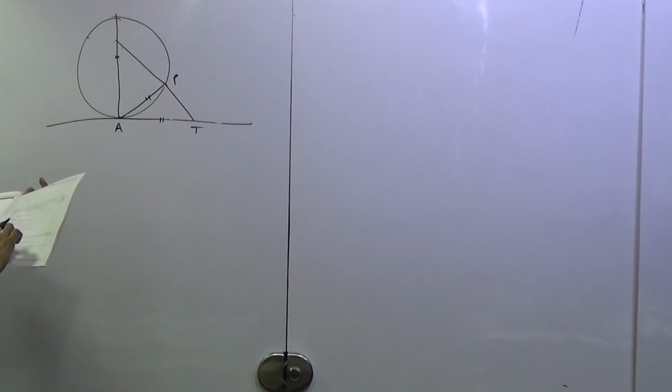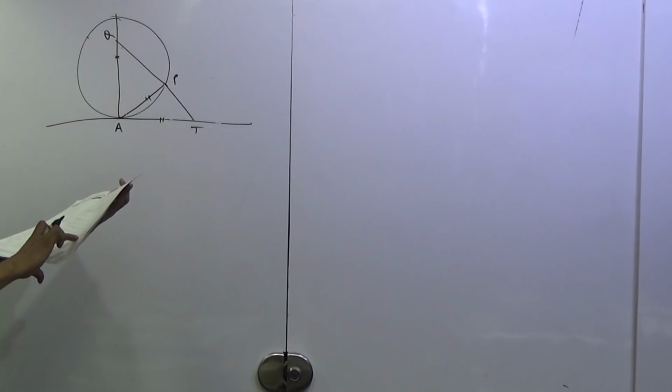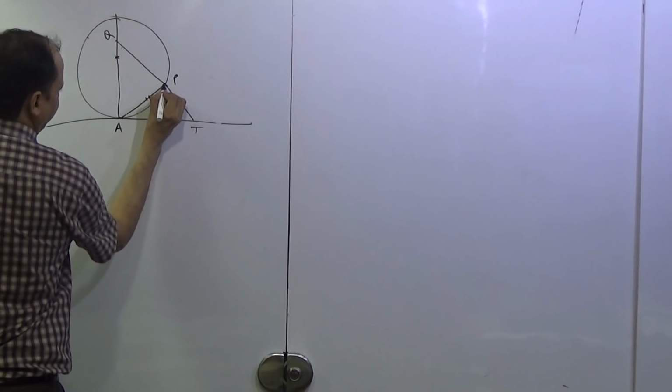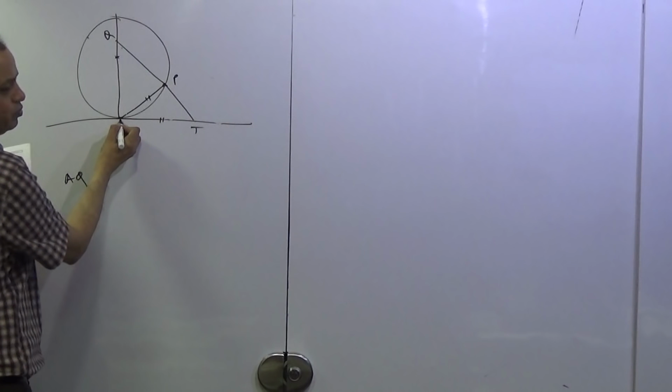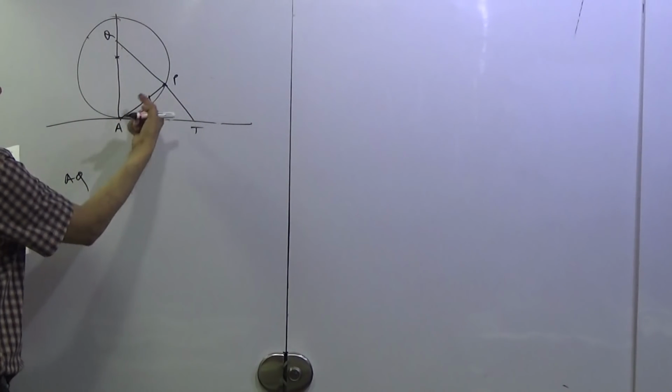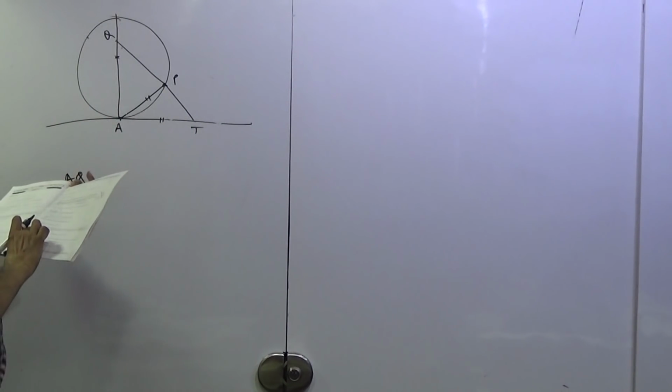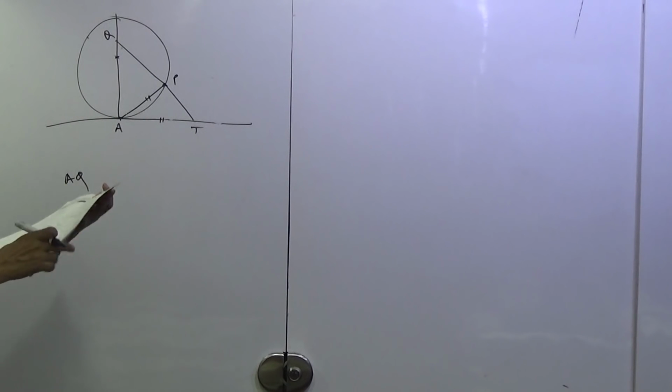If TP produced meets the diameter through A at Q, this point is given to you, Q. Prove that the limiting value of AQ, when P moves up to A, then T also moves up to A, AP tending to 0, or AT tending to 0, is double the diameter of the circle.